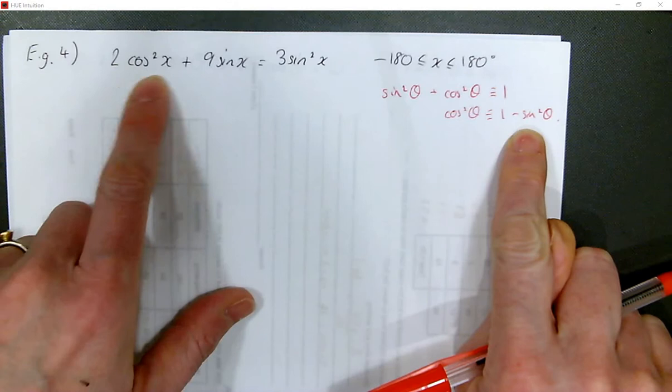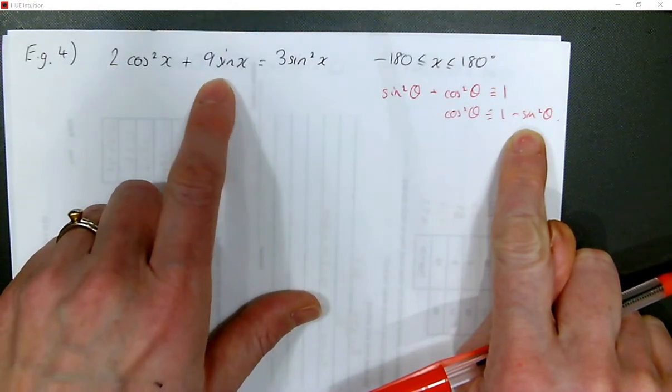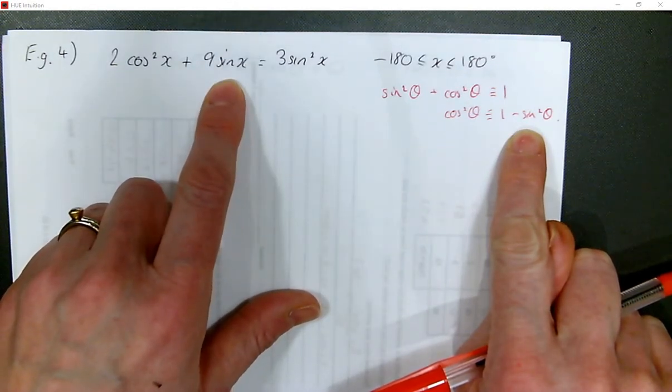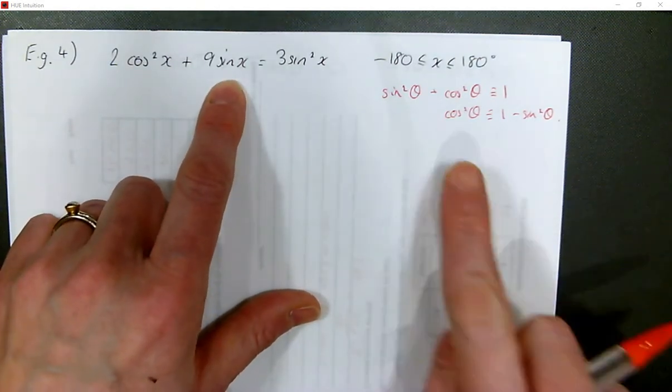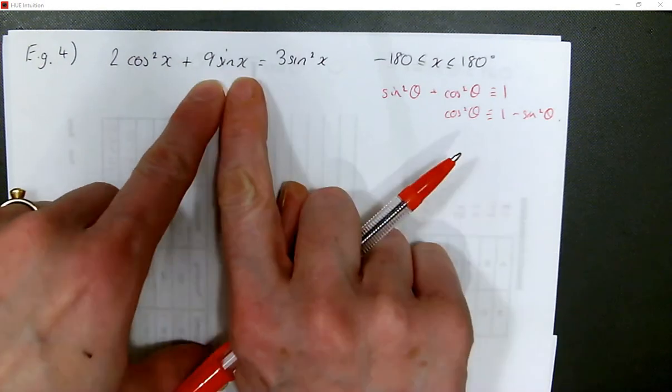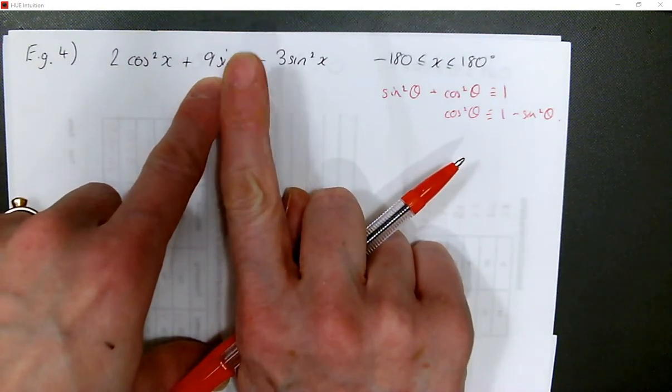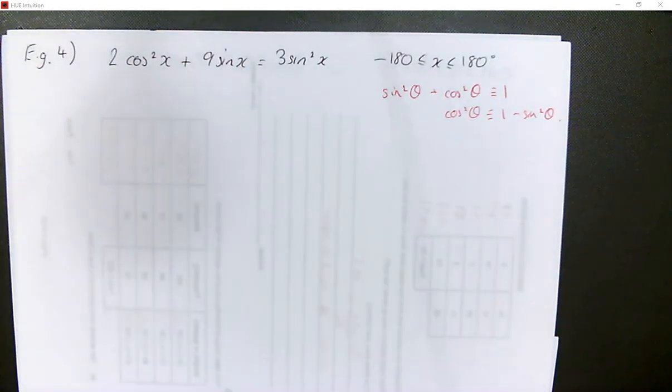Then we're happy because we've got this sine x here that we can't mess with, so we need a quadratic in terms of sine. So if you're trying to decide which one to go for, look for the term that doesn't have the squared, and that's the one to go for.